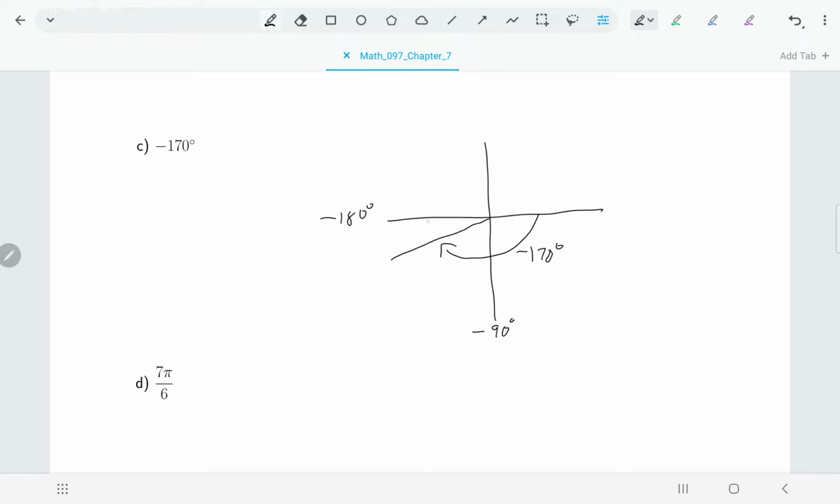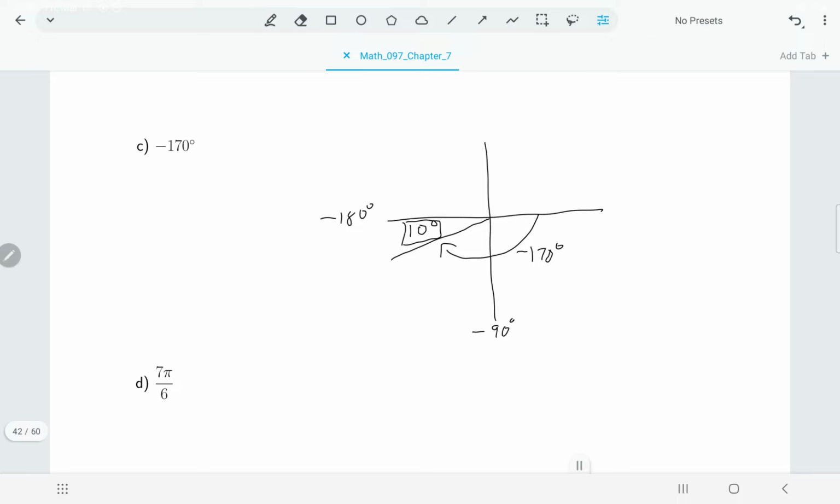If we're thinking about how far we are away from the x-axis, there's a difference of 10 degrees between negative 180 and negative 170. So it doesn't matter that this angle happens to be negative. My reference angle, regardless of that, is going to be a positive value, and it's 10 degrees because that's how far away from the x-axis we are at that terminal side. Even though my angle is negative, my reference angle will still be positive.